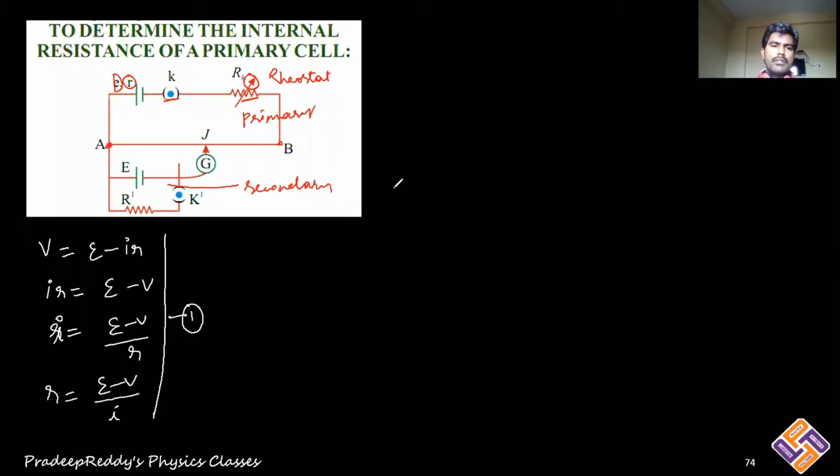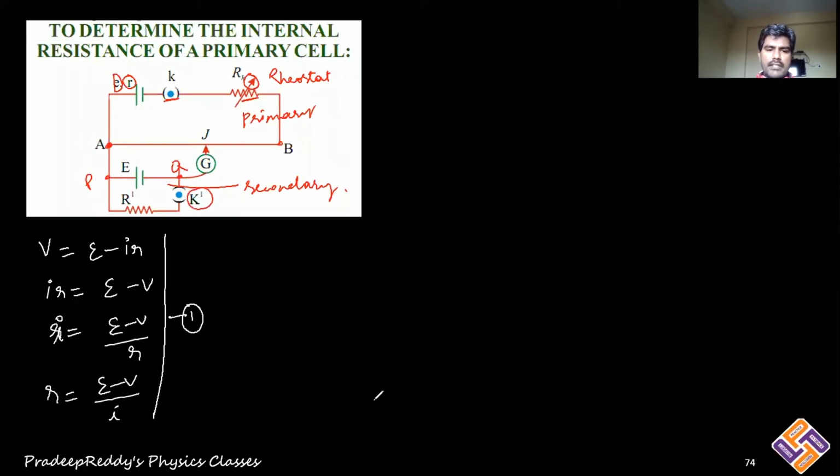In the primary circuit, all things remain the same as usual. You will be measuring current in the circuit initially without connecting the jockey. Now you will place this E in the slot PQ. In this PQ you will first place this battery without switching on K dash.